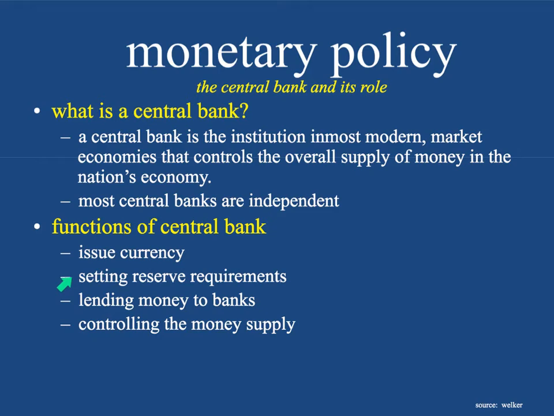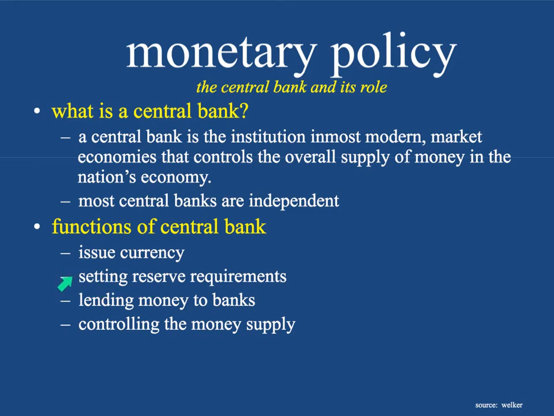Setting a reserve requirement. Here's the formal definition: the fraction of the checking account balances that commercial banks must keep in their vaults. The larger the reserve requirement, the less money commercial banks can loan out. So a good example would be like the United States federal government could set a 20% reserve requirement, which means that commercial banks like Bank of America have to keep 20% on reserve at any given time.